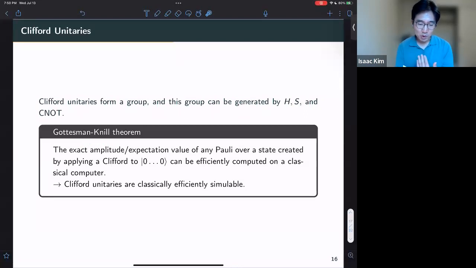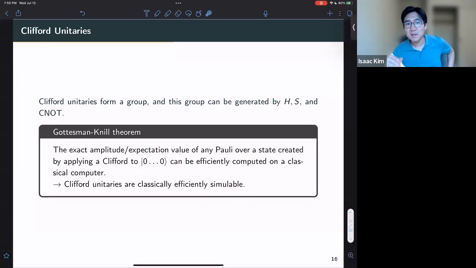More specifically, let's say you start with some product state, the all-zero state, and then you apply some polynomial number of Clifford unitaries, and you want to estimate, let's say, the expectation value of some observable or amplitude, you name it. That can be done efficiently on a classical computer.